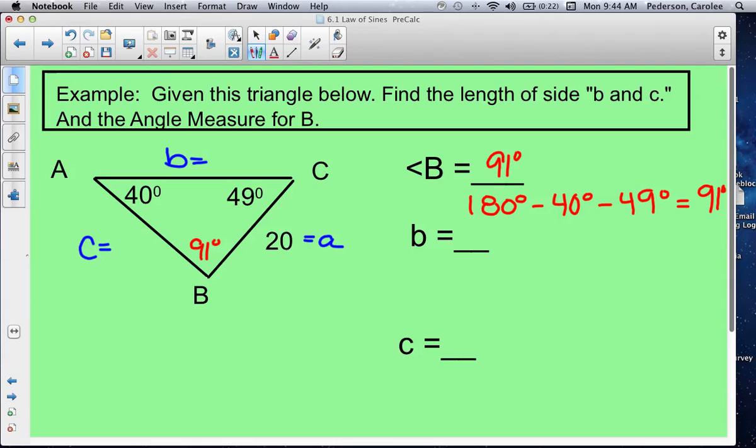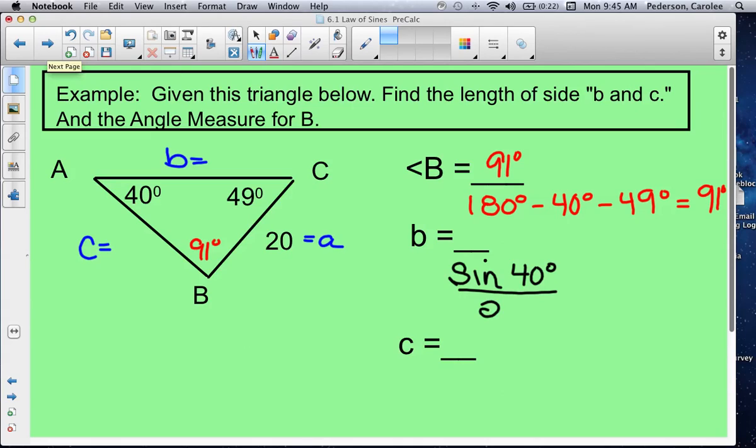We say the sine of 40 degrees, which is angle A, over side A, which is 20, equals the sine of B, which is 91 degrees, over side B. And now how do we solve this equation?